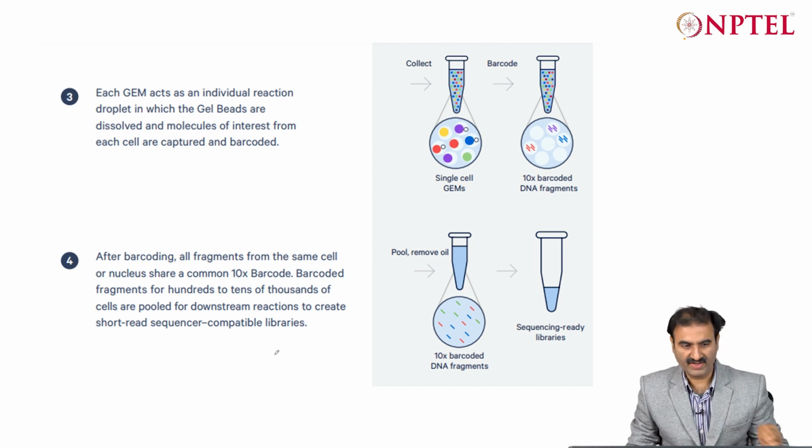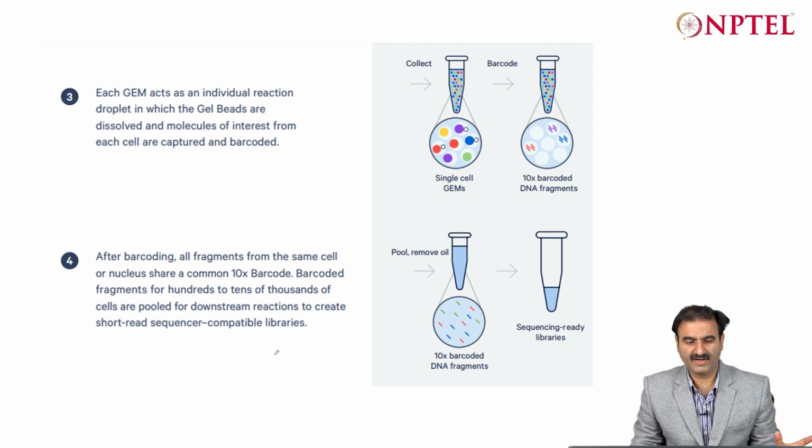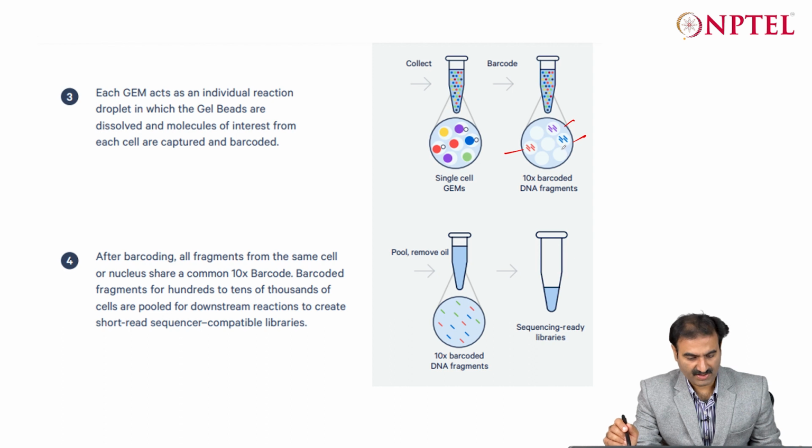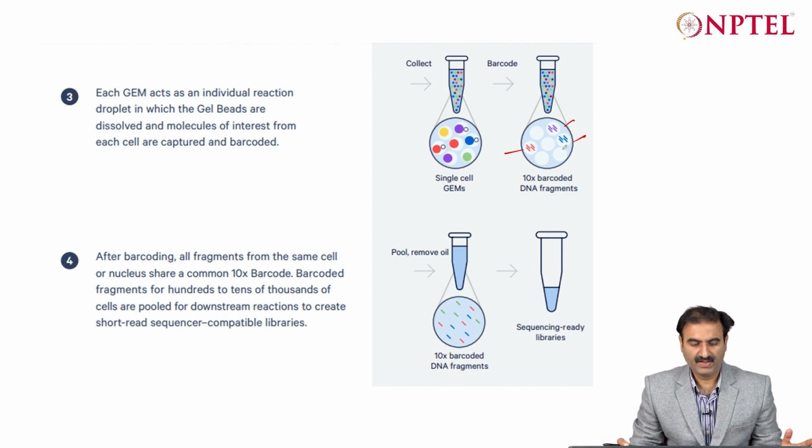Once these single cell GEMs are ready, the DNA fragments are also given the same barcode, as you can see. There are three different DNA fragments which are given the same barcode. After barcoding, all fragments from the same cell or nucleus share this common 10x barcode, so they come from the same fragment or the same nucleus, right?